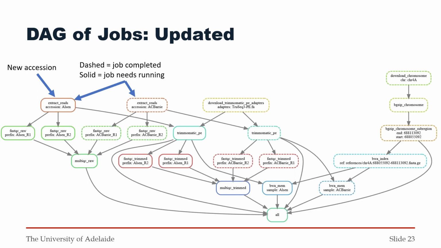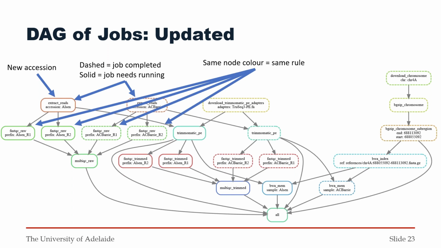And so you can incrementally add in new data, new accessions, and Snakemake will only run those parts of the workflow that are required and not rerun things that don't need it. You'll see the color of the nodes here correspond to the same rules. So this just helps orient you a little bit in terms of what rules are being executed.